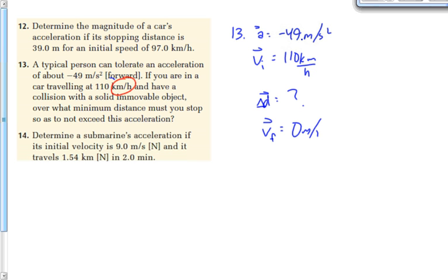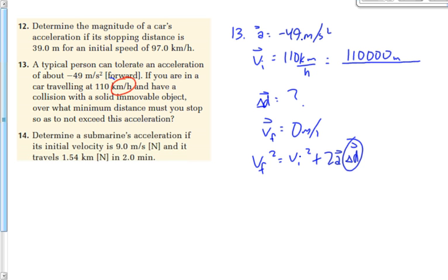Now we just got to find an equation here. Wait a second, isn't that going to be the same one as we used for the last one, VF squared? VF squared is equal to VI squared plus 2AD, but this time we're solving for D. Let's get this in meters per second first. 110 kilometers is 110,000 meters.